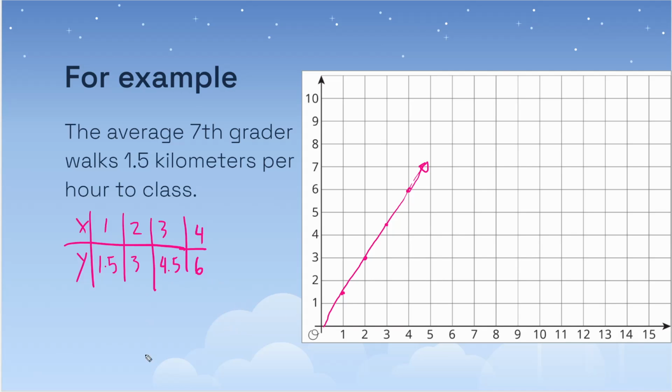I'm not going to keep drawing it though. And so that is how you can determine the domain, the range, a table, and a graph. And that is everything you'll need to know for this.